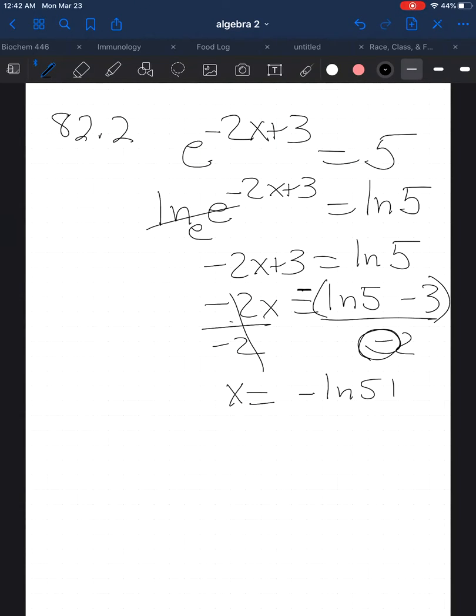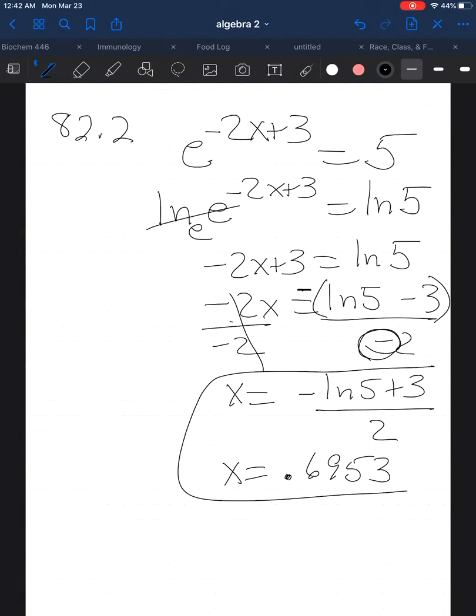So that would be minus ln of 5 plus 3 divided by 2. And if you want to do it on the calculator, you can. It would be 3 minus ln 5 divided by 2, which gives me 0.6953. So either one of these is correct.